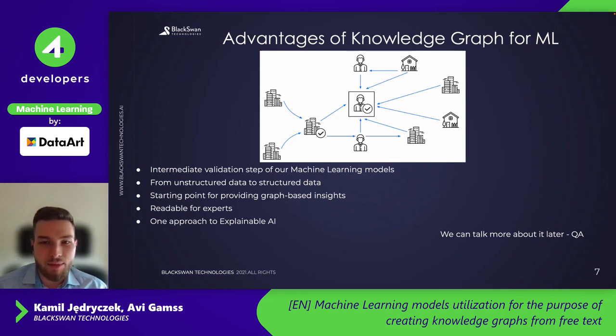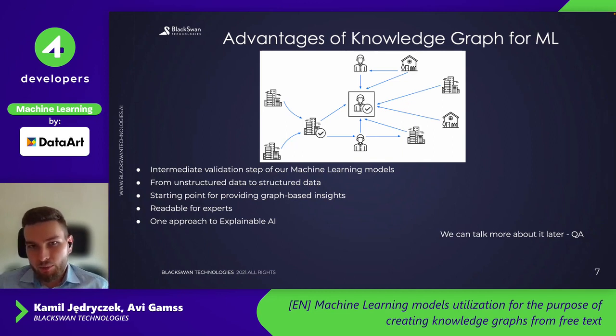You will see in a minute that you can very easily spot mistakes of our NER model, our RE model, or coreference resolution model. Again, why? Because knowledge graphs are readable for machines and humans. You will even see by yourself that spotting those mistakes is really easy.